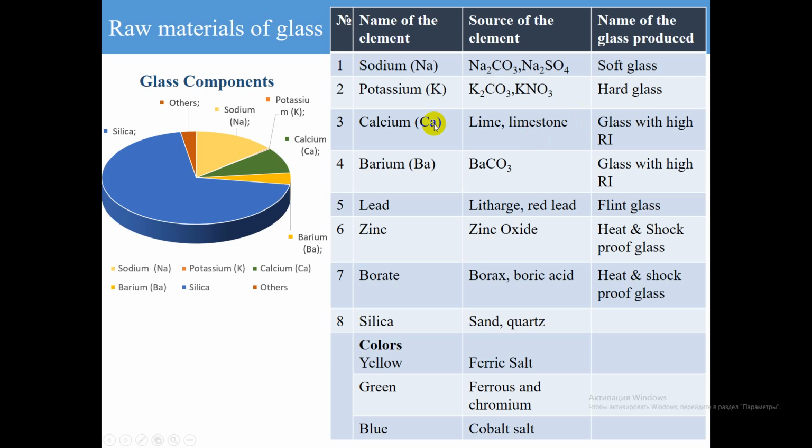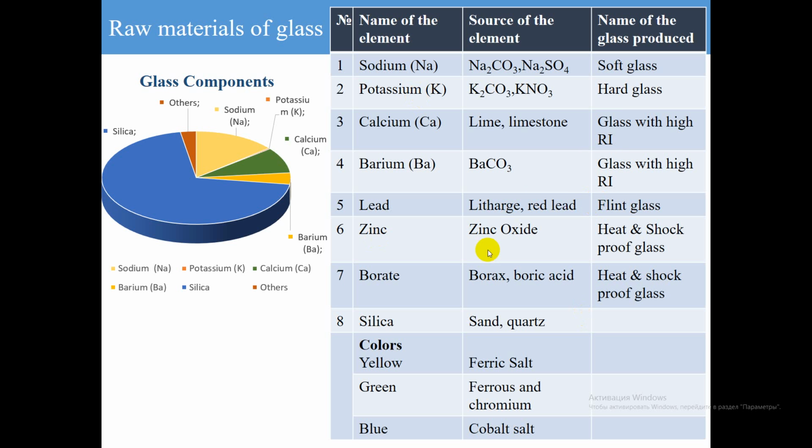so from calcium you can receive a glass with high strength and RI. Barium, name of the glass produced, glass with high RI.